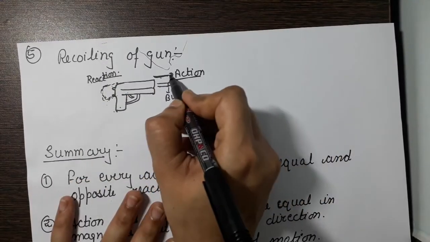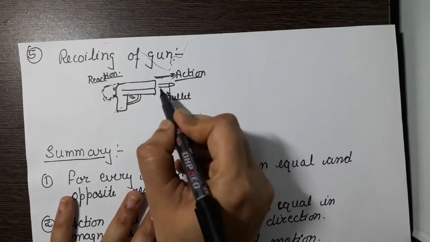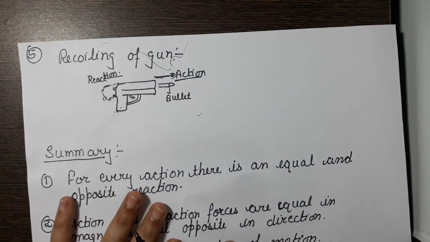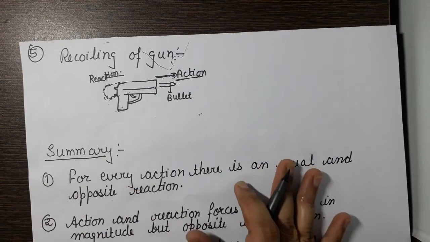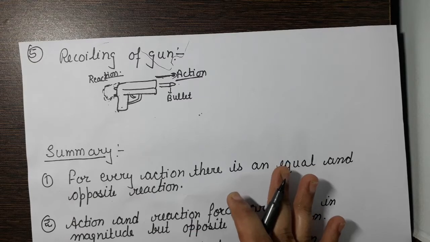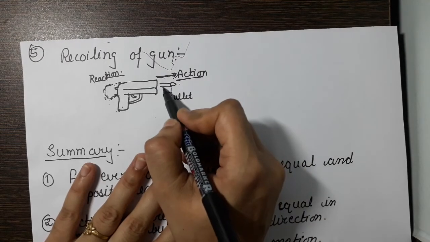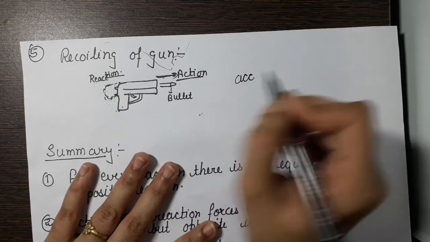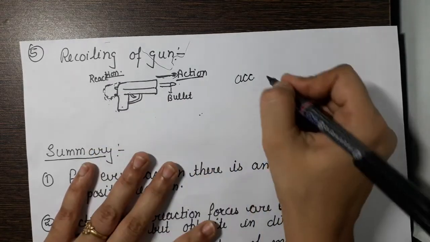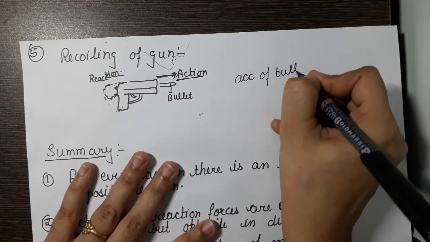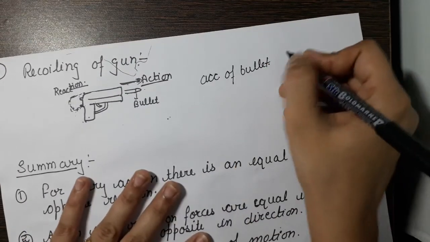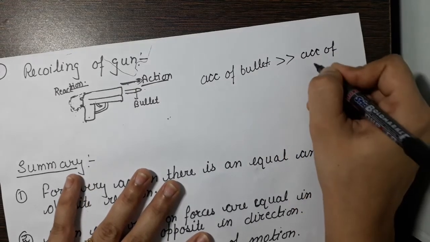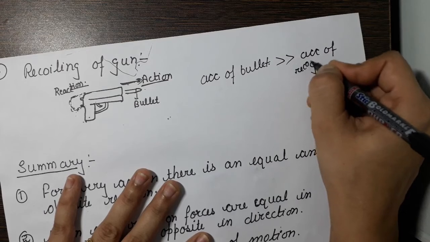Now the action is in the forward direction when the bullet is moving forward, and the reaction is in the backward direction. So here also a question comes: the acceleration of the bullet is much more than the acceleration of the recoiling gun. The bullet moves with very high speed.